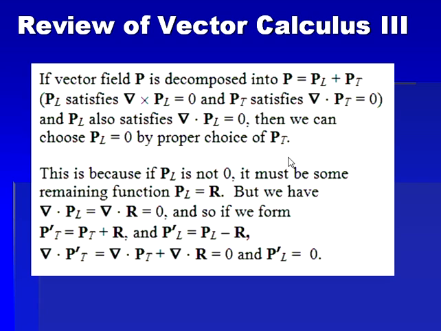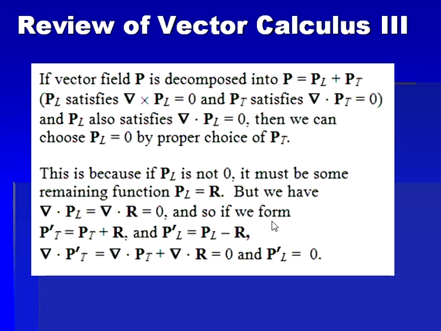We can see this by first assuming that p sub l is not 0, but rather it is some remaining function r. But since we have the divergence of p sub l equal to 0, this means that the divergence of r is 0, since p sub l is equal to r.